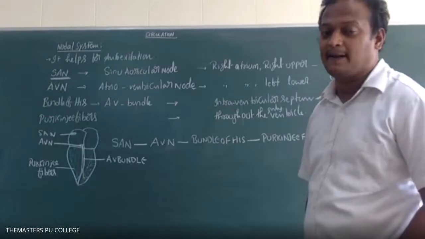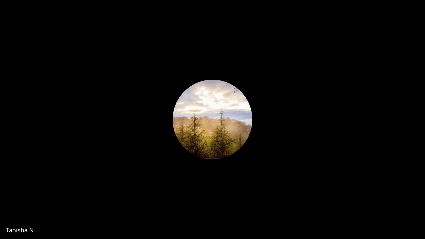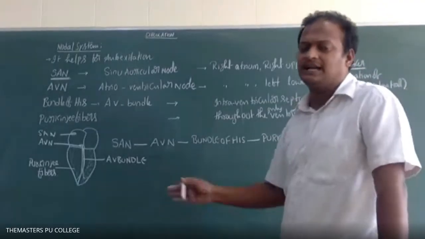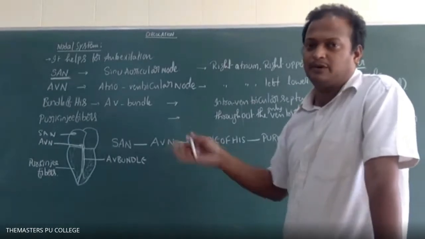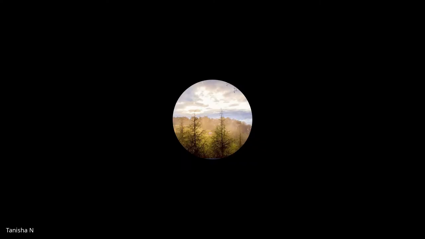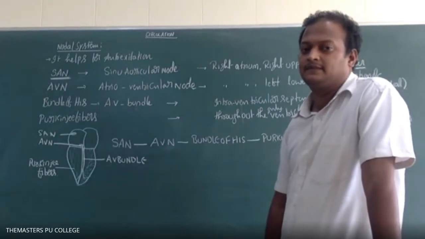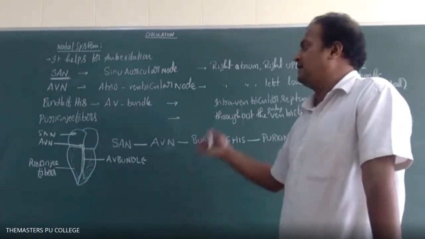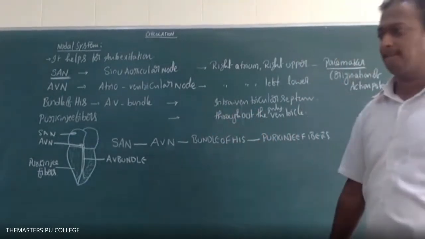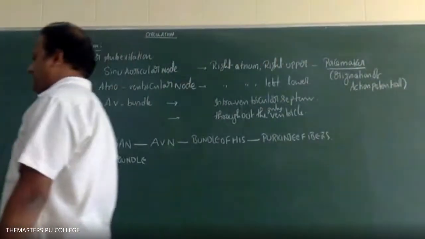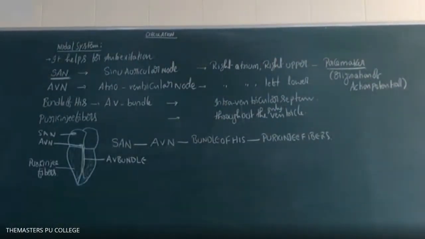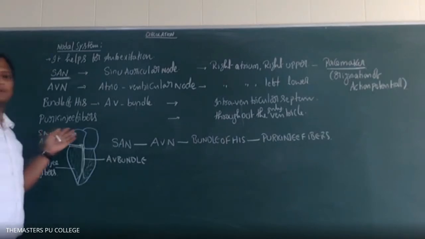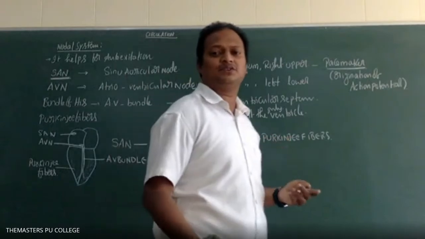We discussed already. Through intercalated discs, gap junctions, the action potential is generated and processing takes place. Okay, right. Yes, students, finished with this one. Completed nodal tissue.